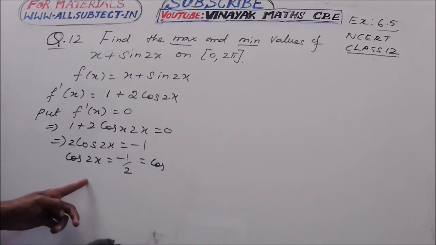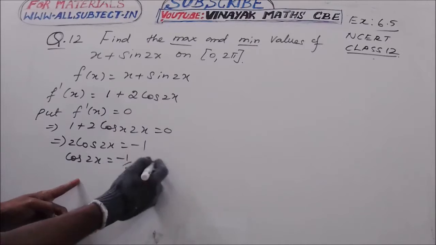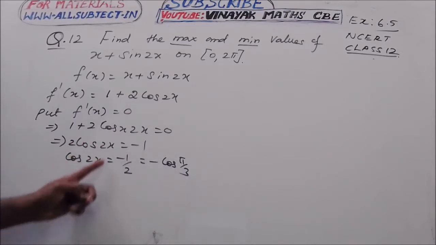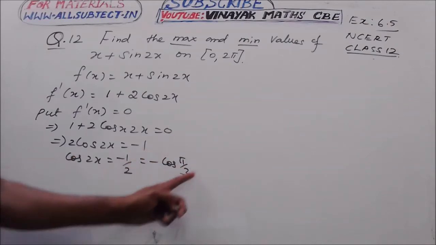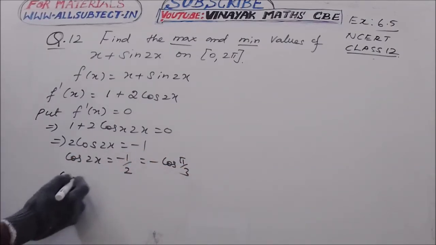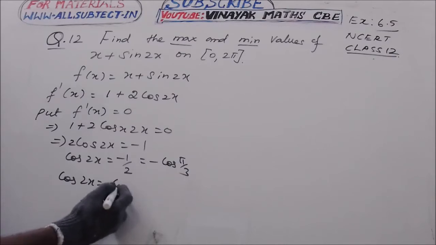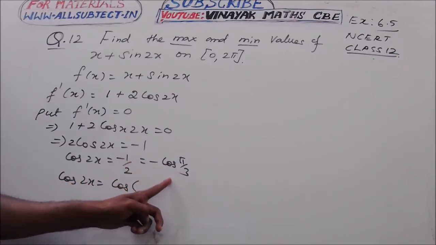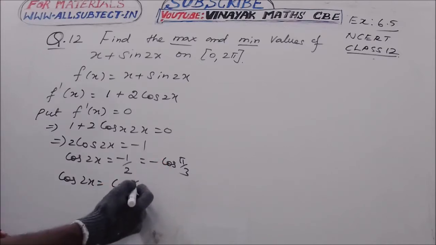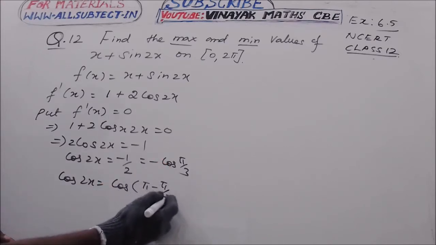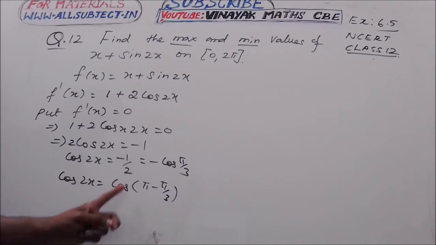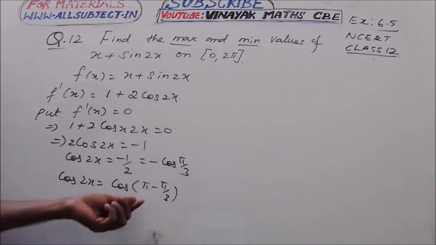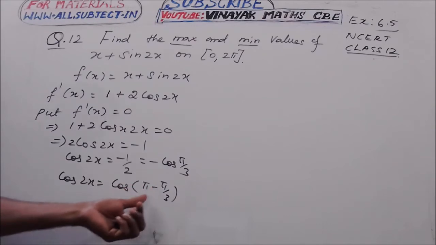You can write this as minus cos pi by 3, but on the left side we have a positive ratio of cos, so making this a positive ratio: minus cos theta means cos of 180 minus theta, so cos of pi minus pi by 3.